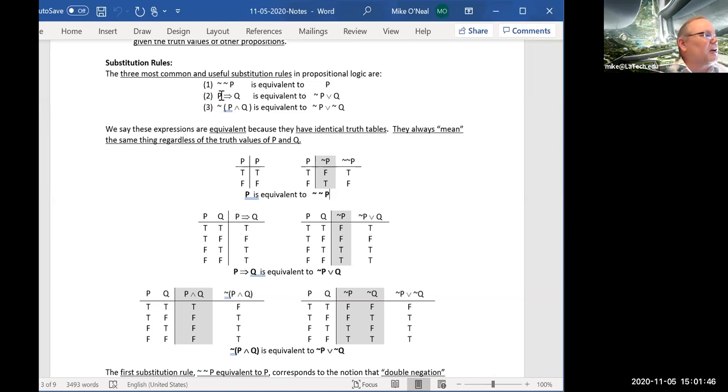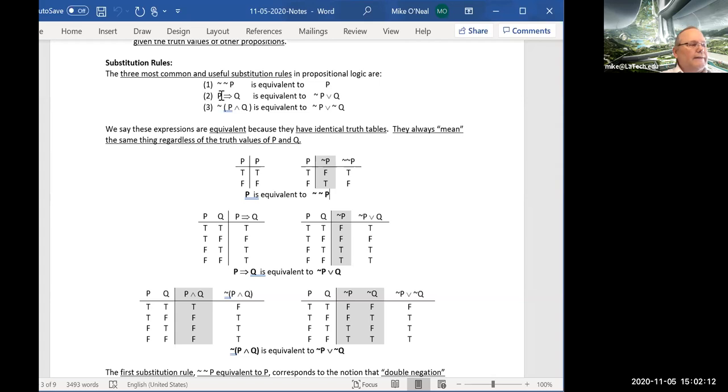Now think about that carefully. On sunny days, weddings are held in the garden. So what does that mean? It means, well, if it's a sunny day, then the wedding's going to be held in the garden. If it's not a sunny day, the wedding's not going to be held in the garden. So saying either it's not a sunny day or weddings will be held in the garden, you're really saying exactly the same thing.